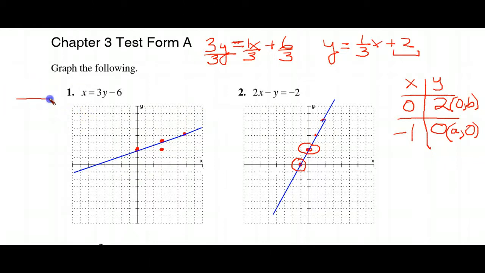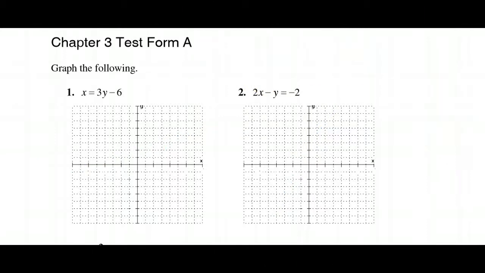You could have used a t-chart over here, put various points, but I think the best way, or one of the ways I would suggest, put it in slope-intercept form when it's like that. You could have also used the X and Y t-chart by putting the Y over on this side, putting it in standard form. But again, that's the choice. As you've practiced, hopefully you've developed some methods to do this. Let's go on.